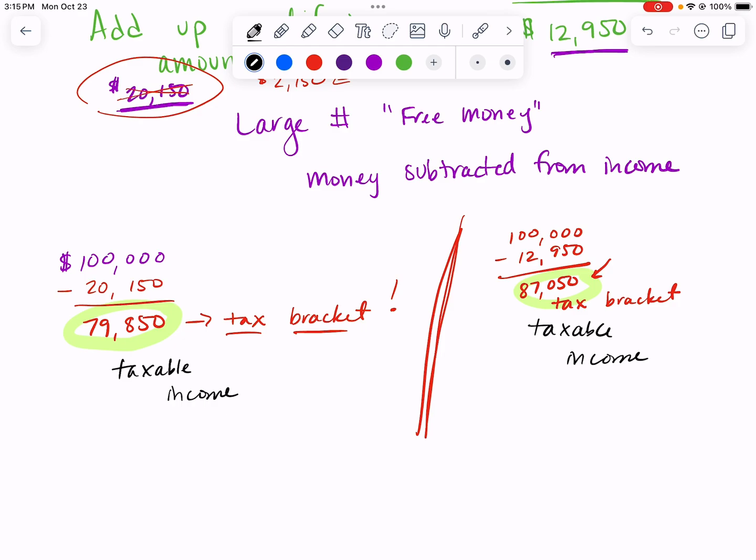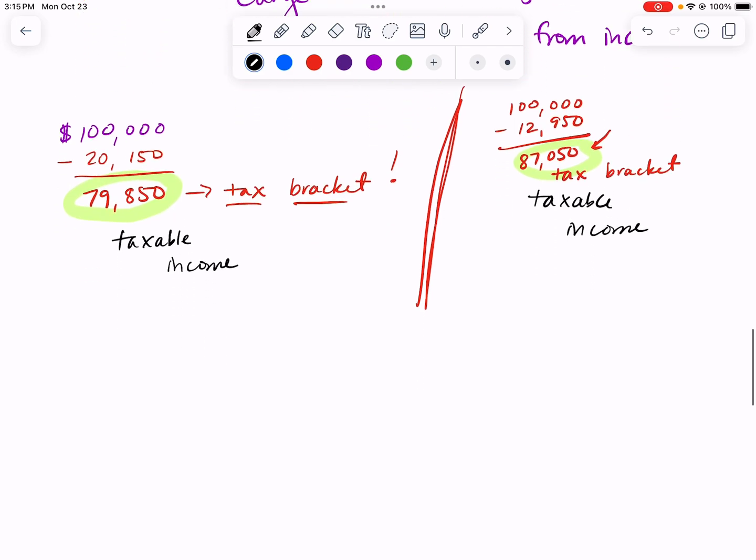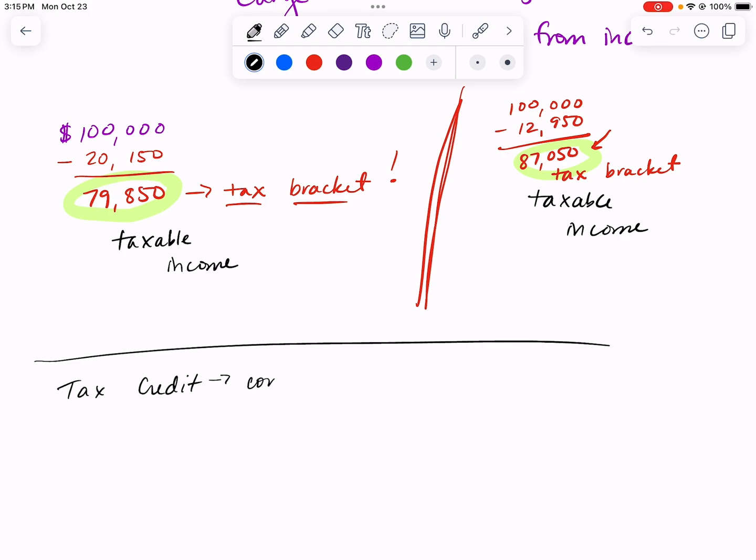That free money is not going to be taxed, which, remember, is different than a credit, because a tax credit, just to review, comes off taxes at the end. The idea would be it's kind of like a coupon, right?